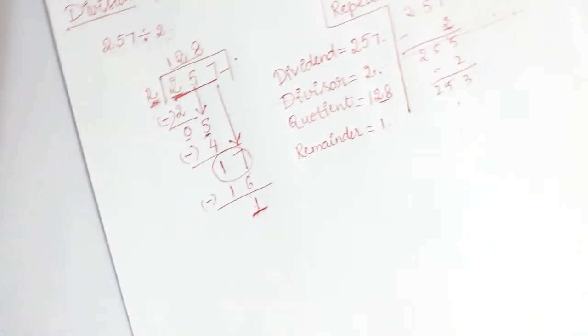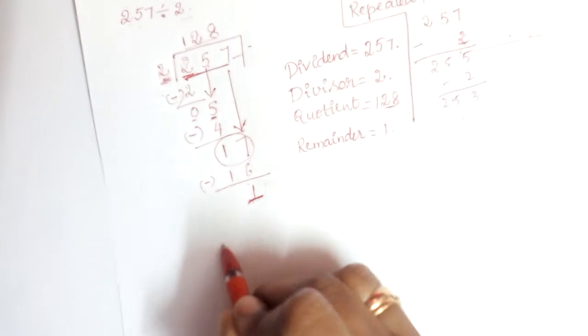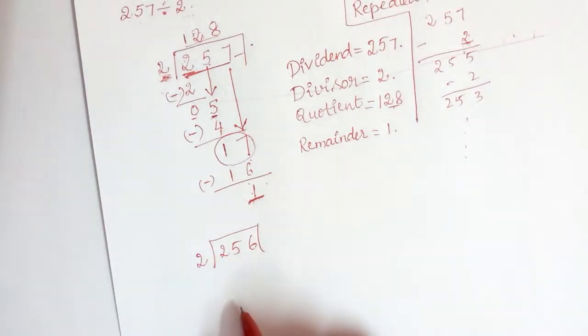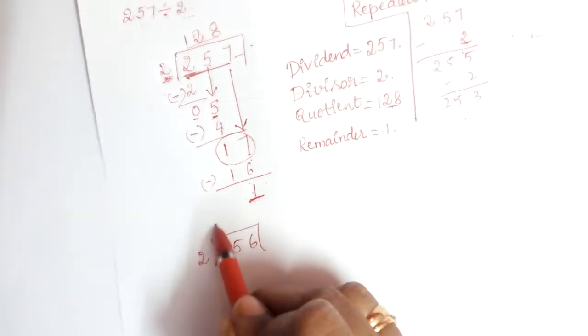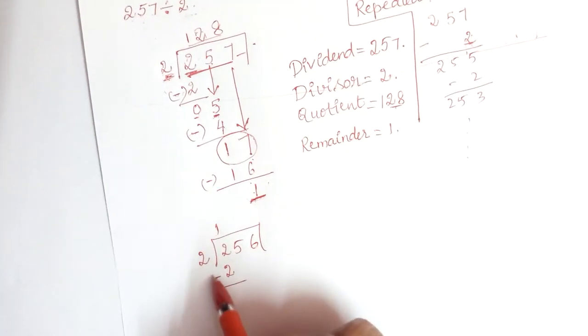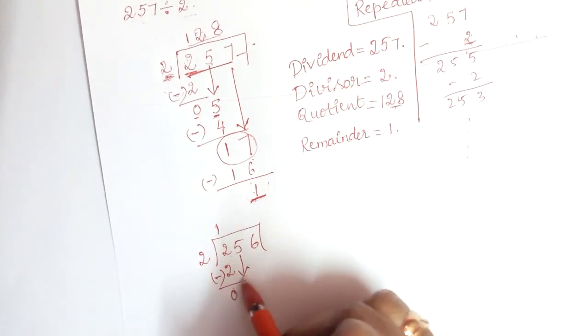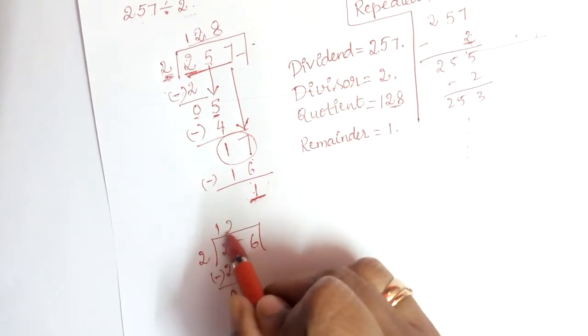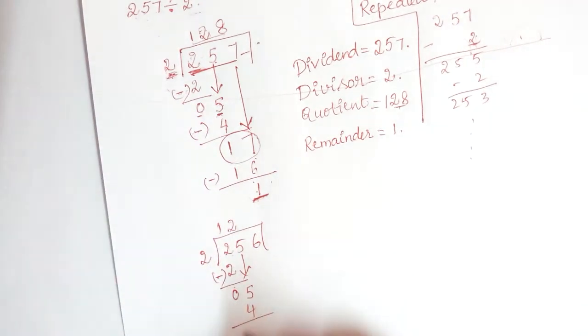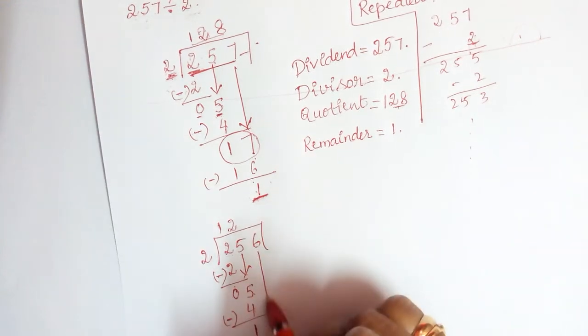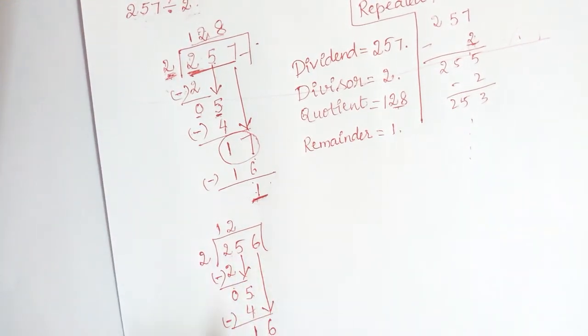Suppose if we divide 256 by 2, then 2 ones are 2 and 2 minus 2 is 0. This 5 comes down. 2 twos are 4. Subtraction. 5 minus 4 is 1. This 6 comes down.